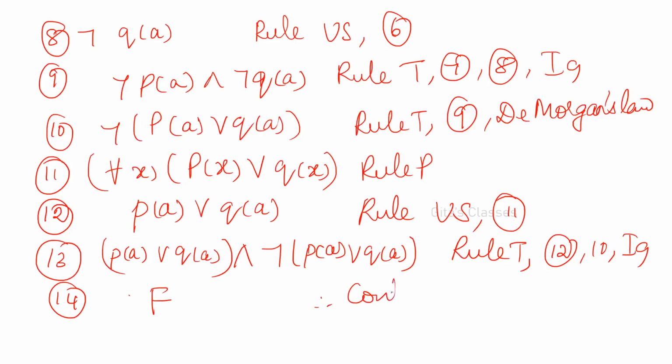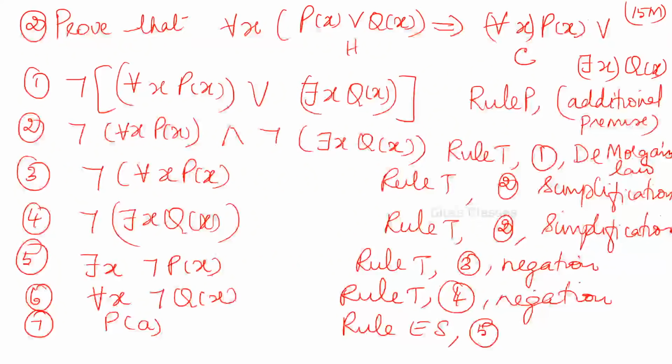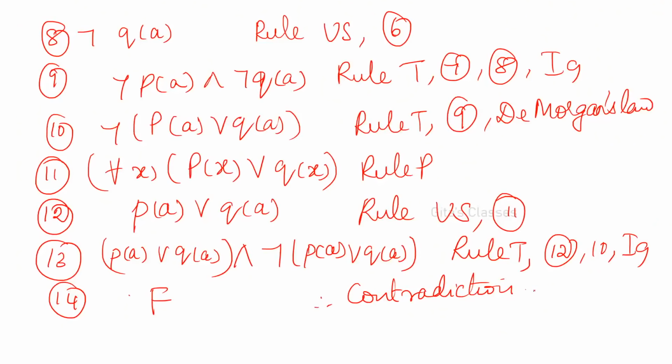Therefore, contradiction. Therefore, what we have assumed is wrong. What we have assumed actually is the negation of the conclusion. Okay, negation of C we have taken and we have arrived at a contradiction. Therefore, it follows from the given premise.